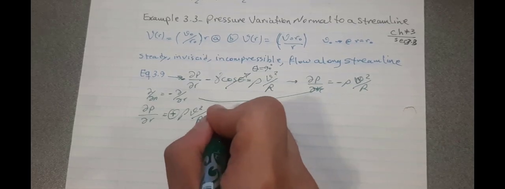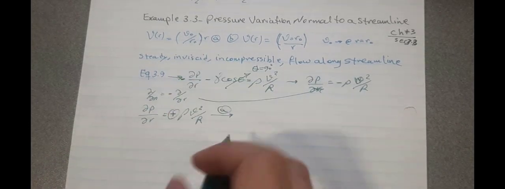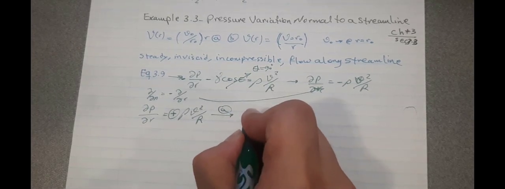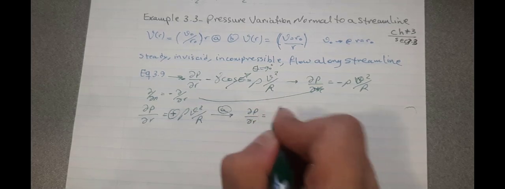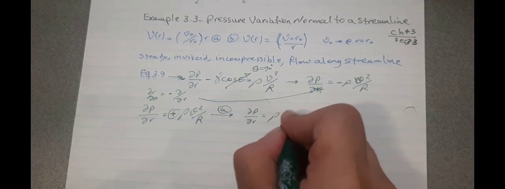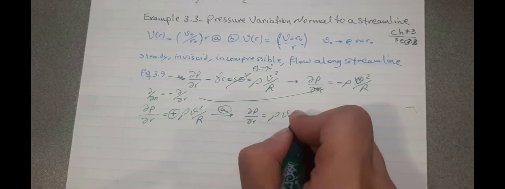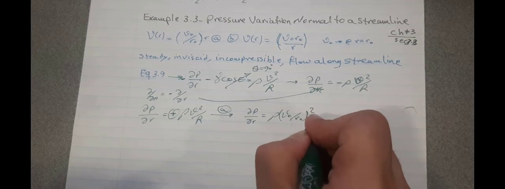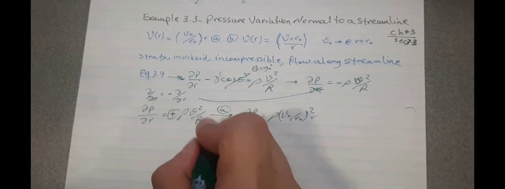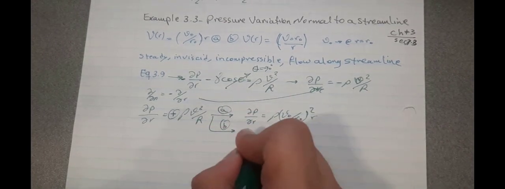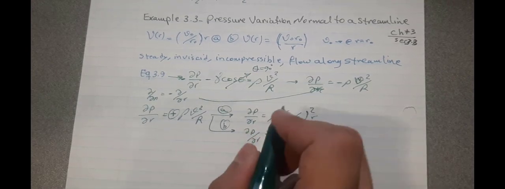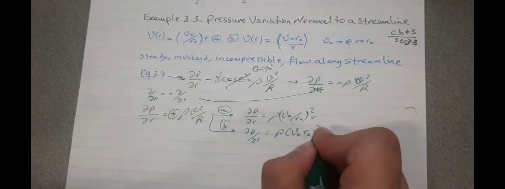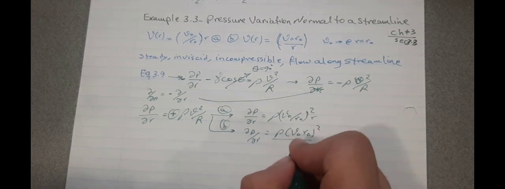Applying it to the velocity equation for A, the pressure gradient ∂p/∂R is equal to rho times (V0 divided by R0) all squared, multiplied by R. And for B, ∂p/∂R is equal to rho V0 squared R0 squared divided by R cubed.